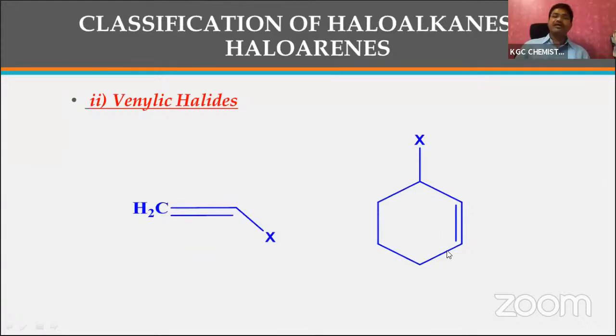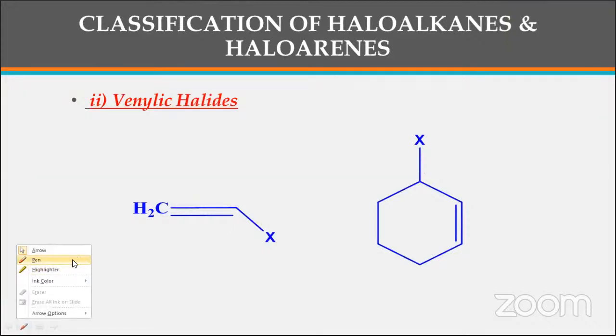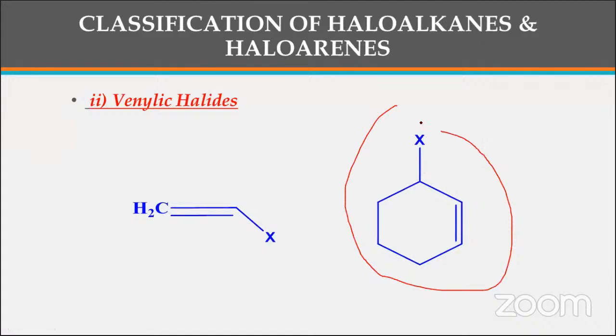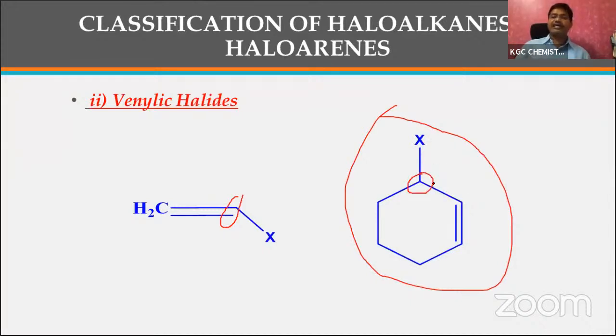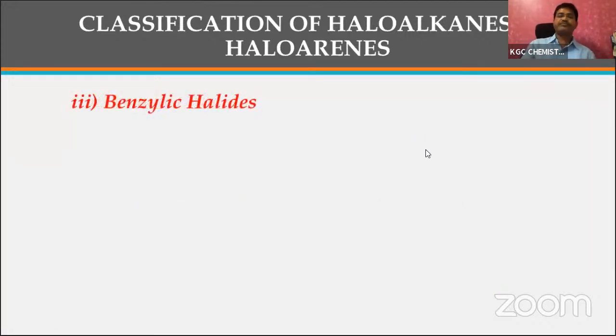Can you tell me, is it allylic or vinylic? Allylic, sir. Very good. This is going to be the allylic. This is the vinyl. Here, the carbon bearing the halogen is not sp2 hybridized, it is adjacent to the carbon-carbon double bond. That's why it is allylic halide.